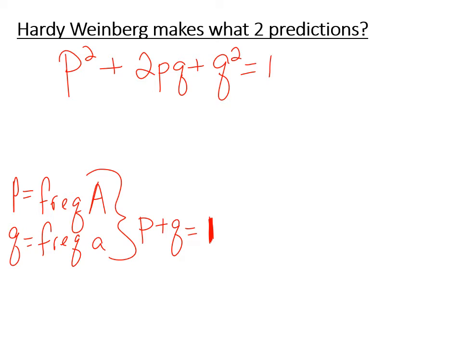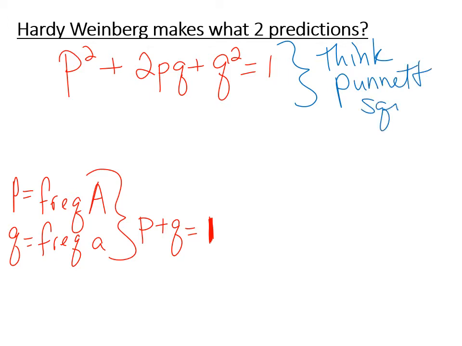Okay, and when you look at this crazy, scary looking equation, p squared plus 2pq plus q squared equals 1, well, here, let me change the color so that you can really think about what this means. Think of a Punnett square, right? If we're saying p squared, and we said p is the frequency of capital A, or your dominant allele, what does p squared then mean?